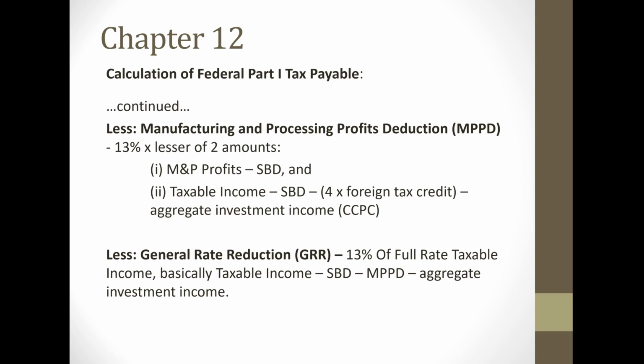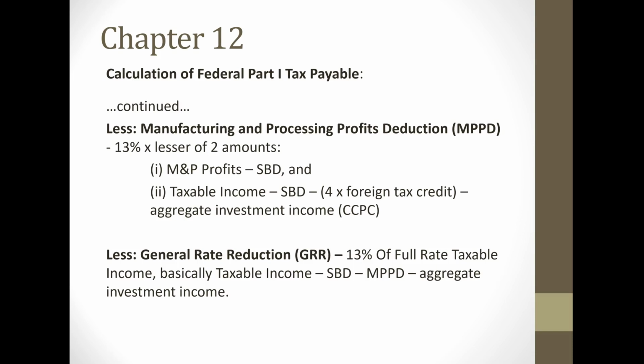But once again, you can't have both, so you sort of follow this order. Now, because the reduction of 13% is the same, in most provinces, it's not going to matter whether you take the deduction under the manufacturing and processing profits deduction or the general rate reduction. It only matters at a provincial level.